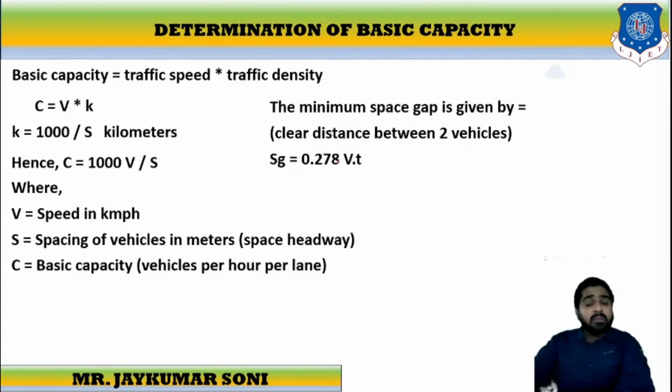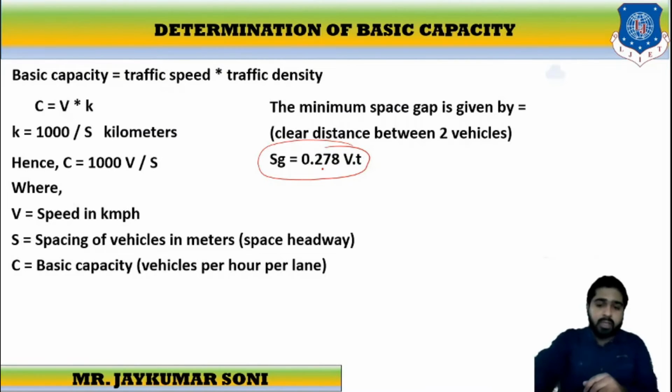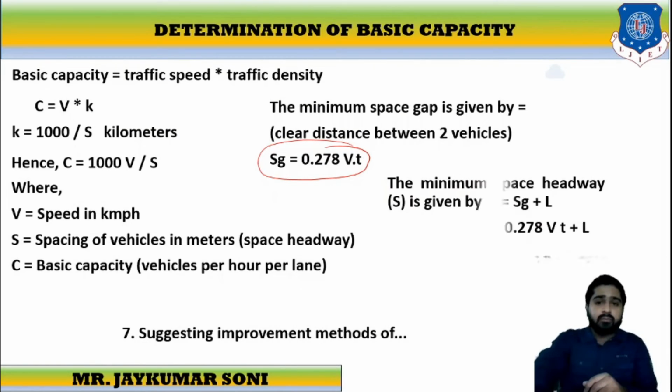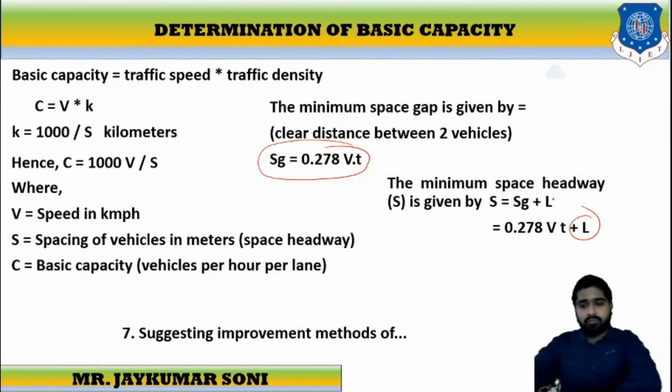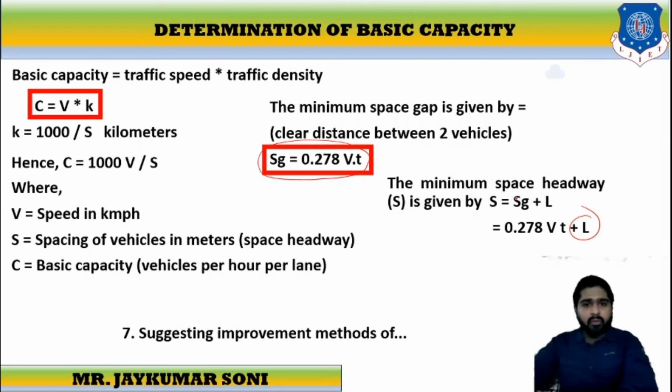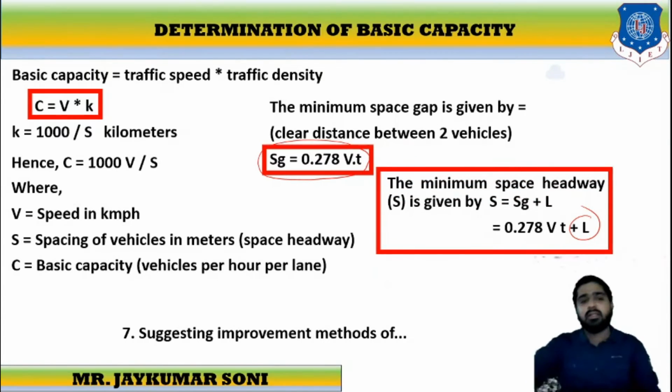Now there is an equation for the minimum space gap, which is the clear distance between two vehicles. It is given by 0.278 V into T, and the minimum space headway is given by SG plus L. Which are the most important equations?